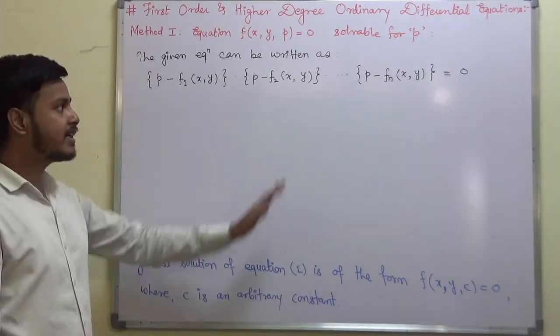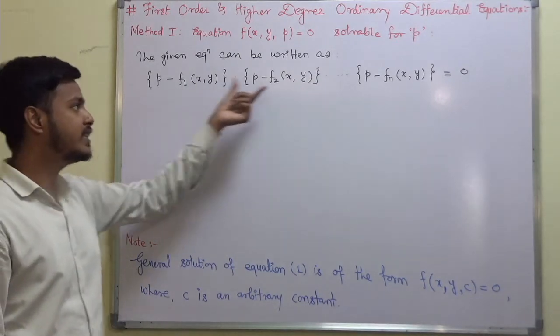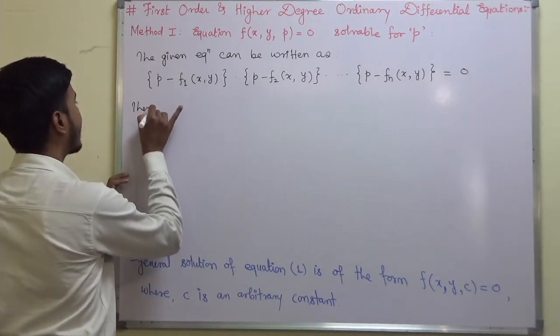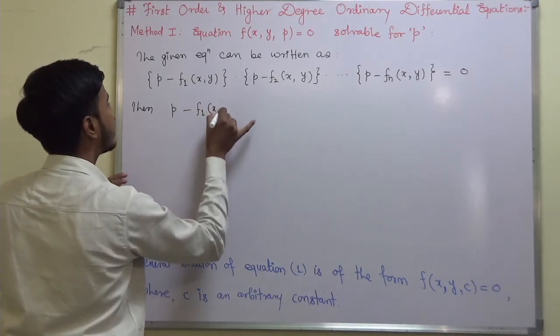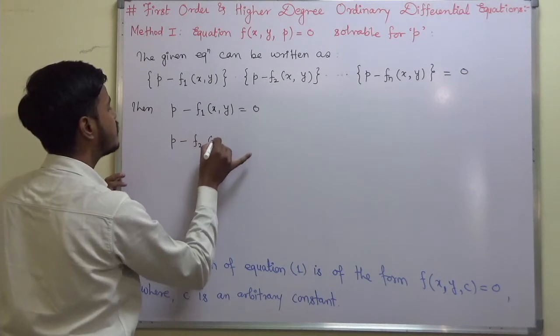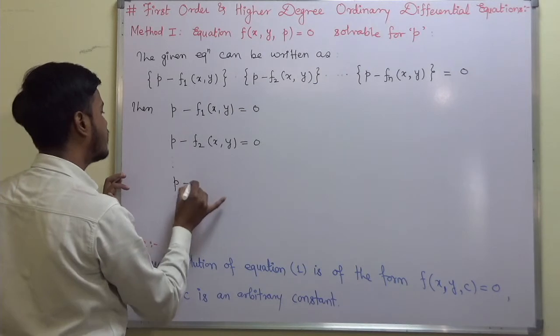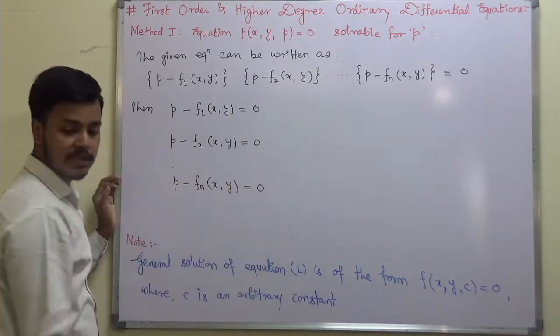After writing this, you can see the product of these factors is 0. What does it imply? A product of factors being 0 means p minus f1 of xy is equal to 0, p minus f2 of xy is equal to 0, and so on, p minus fn of xy is equal to 0, right?